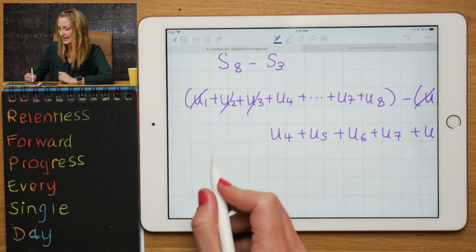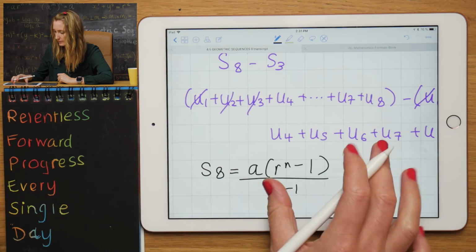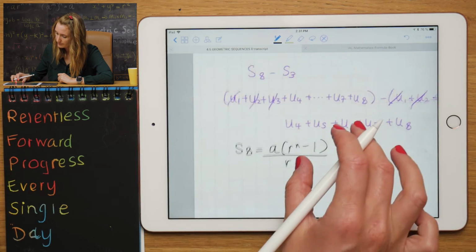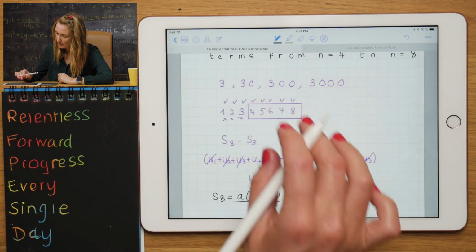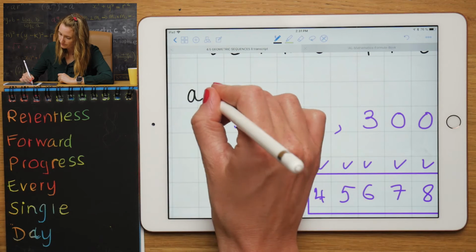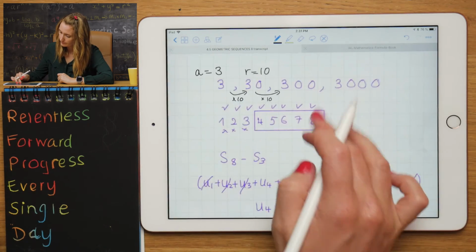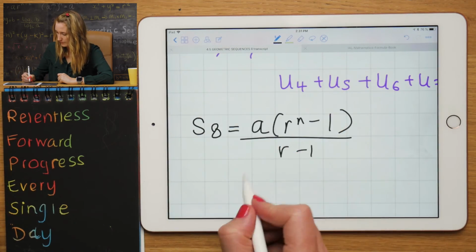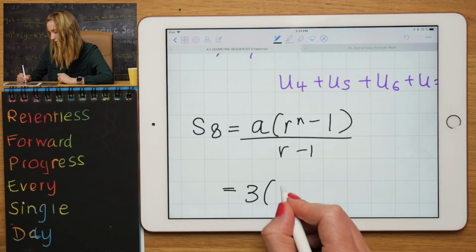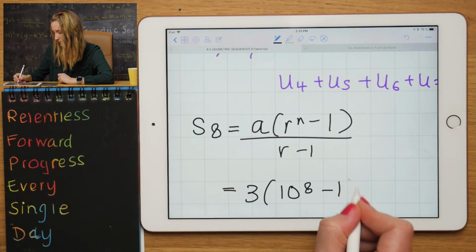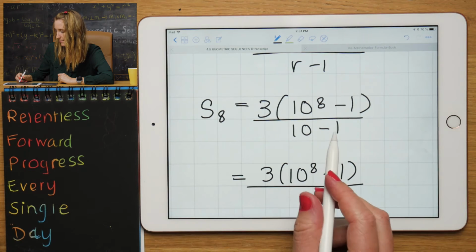So let's calculate S8. So A is 3 and R is 10. Let's write that down. So here I need to put my 3 and here my 10. And 10 minus 1 is 9.